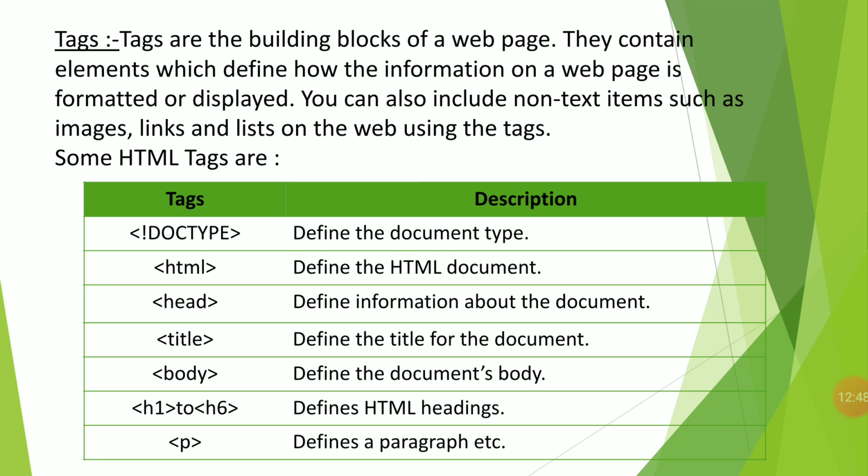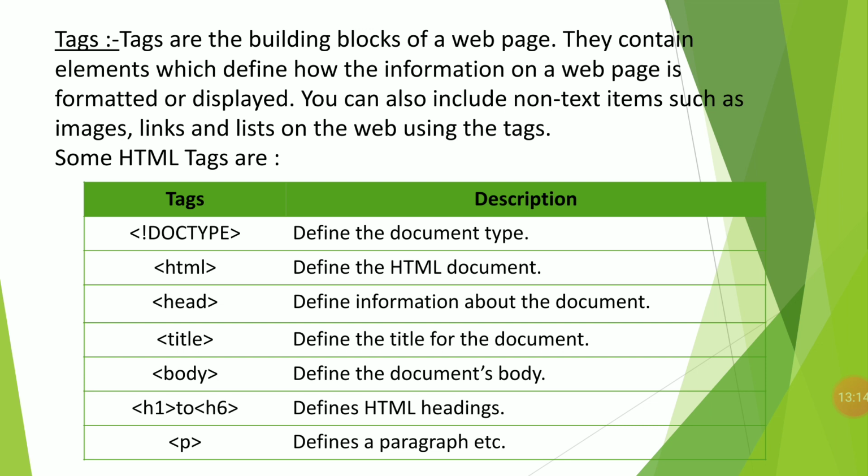Next is the head tag, which defines information about the document. Title defines the title of the document. Body defines the document's body. H1 to H6 define HTML headings. P tag defines paragraphs. Apart from this, many more tags are there that we use in our HTML for creating a dynamic web page.